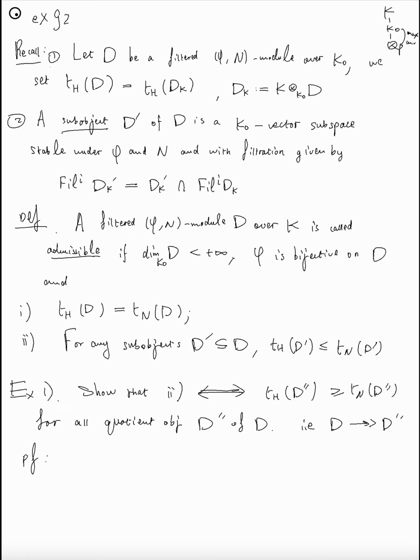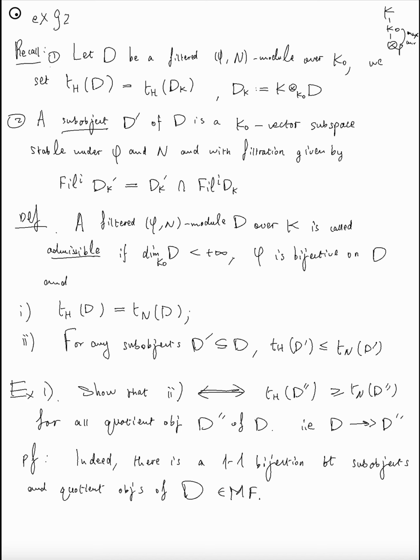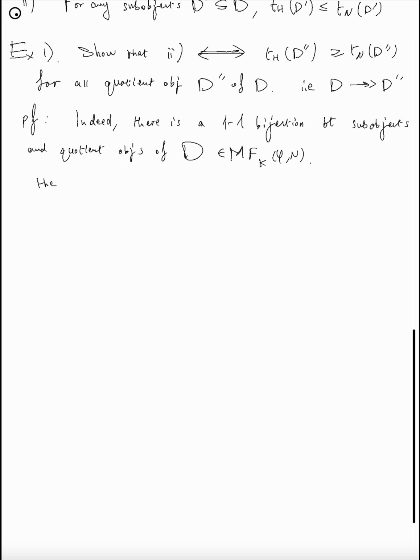Proof: indeed, there is a one-to-one bijection between subobjects and quotient objects of any given filtered phi N module D. The correspondence is very easy.